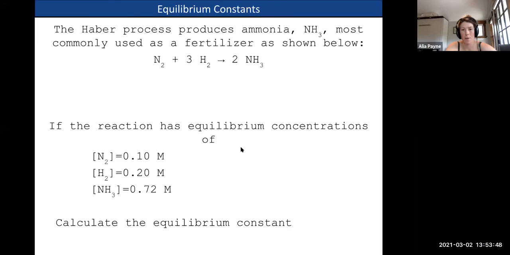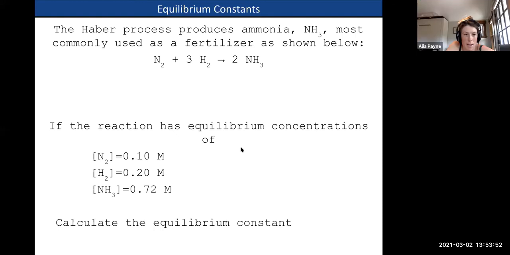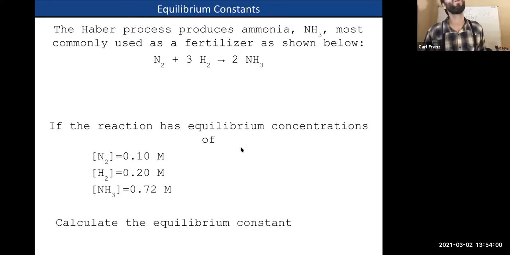Does that mean in an ice table, like what we were doing in the ICA, that the ammonia would be the positive side? The ammonia would be the positive side. In that case, if K is large, yeah, I see what you're saying for the change.